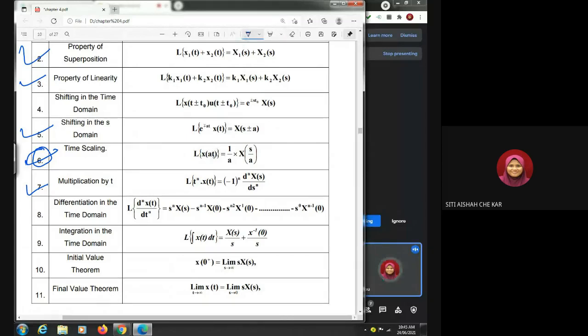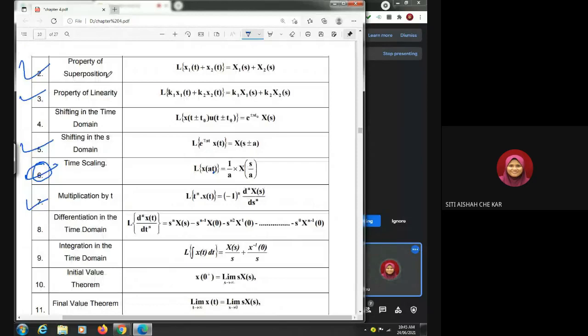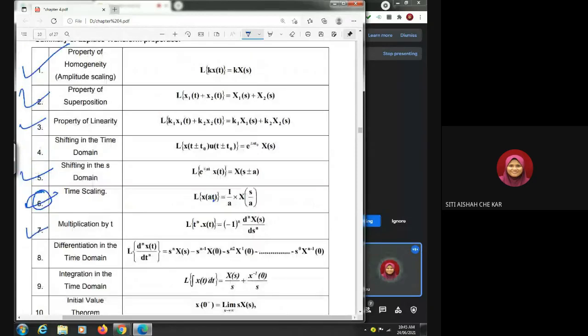Okay, compared to this one, amplitude scaling, the value of scalar is in front of x(t). Okay, so the amplitude scalar is perkali yang kat depan tu. Okay, this is amplitude scalar, but the difference with time scaling is dia ada perkali dekat time, dekat t.